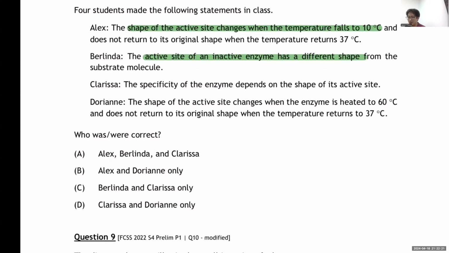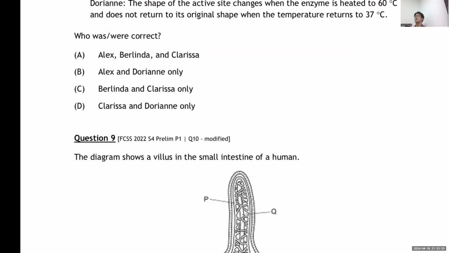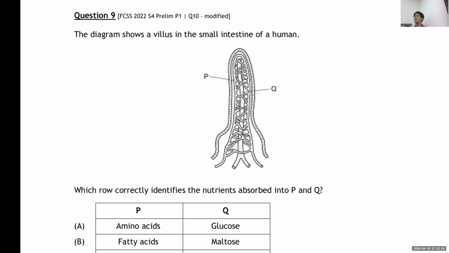Awesome, let's go. What is this? This is a villus. Where can I find the microvilli? On the cell. Very good. So let me have your eyes, please.